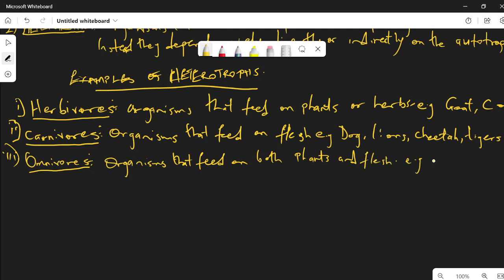E.g., we have man in this category. We have pigs in this category. We have the monkeys in this category. So these are the classes of organisms that we have there. And then we have another one called the decomposer.